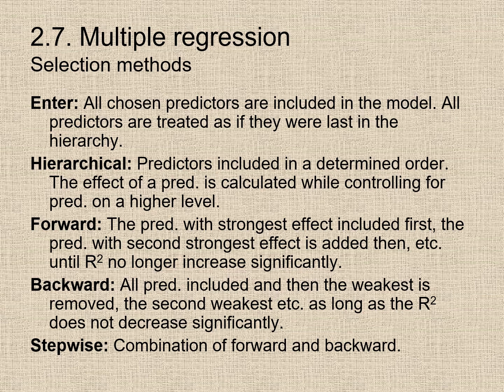And the program calculates, does any of these predictors improve the model significantly if we take it in as a predictor? So it ranks the predictors. And it takes the best predictor and puts it into the regression model, if it's significant.